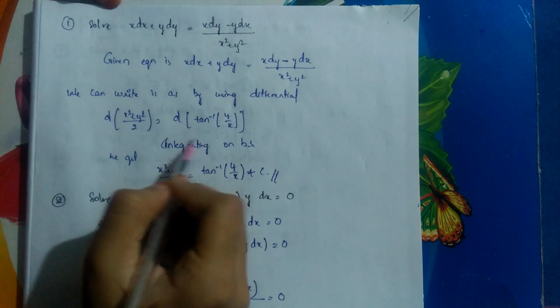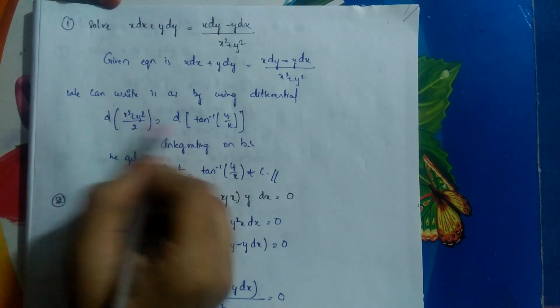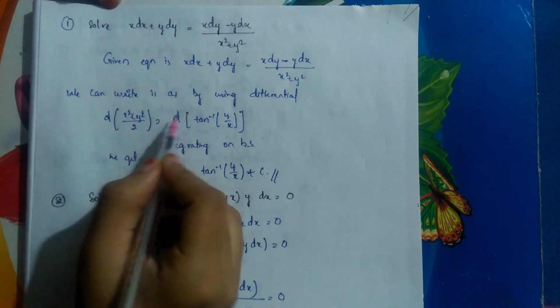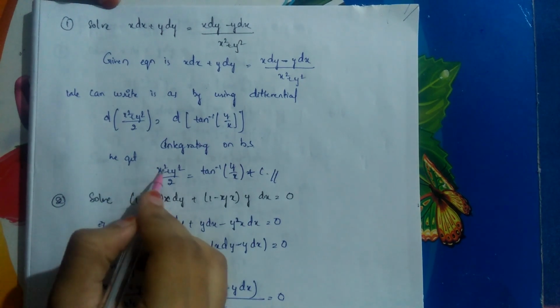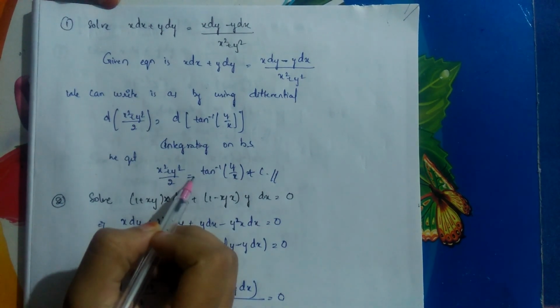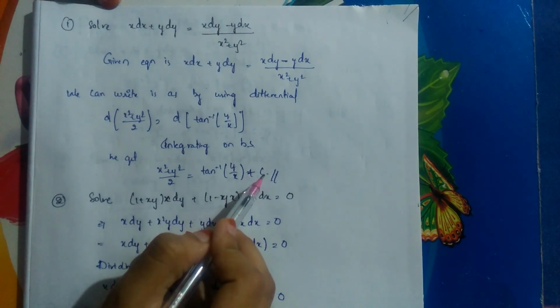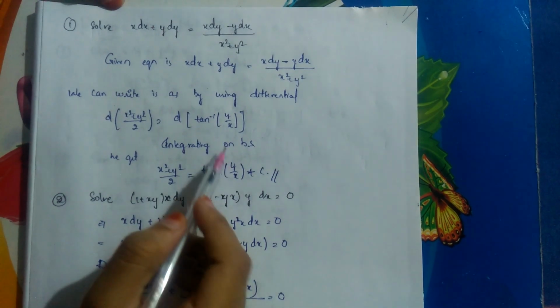Now we integrate on both sides. D is nothing but the differentiation, so when we integrate, the integration and the differentiation get cancelled. Then the leftover terms are these. So we get x square plus y square by 2 is equal to tan inverse of y by x plus c, that is a constant, since we are integrating it.